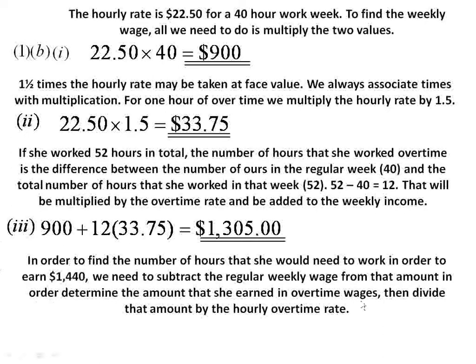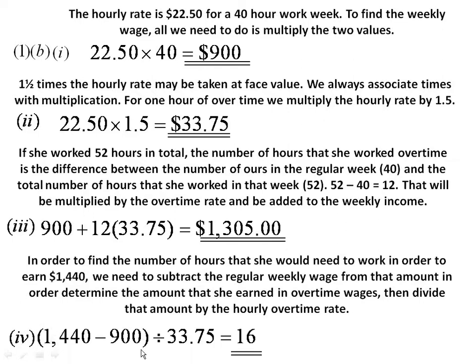So we have 1,440. We will take away the regular wage from that, and then divide this value by the overtime rate and see what happens. So that turns out to be 16 hours.